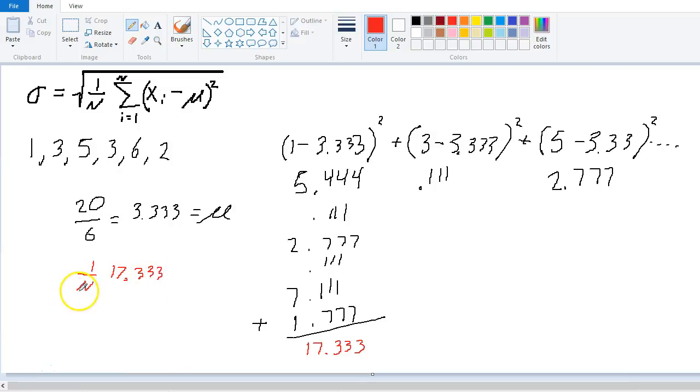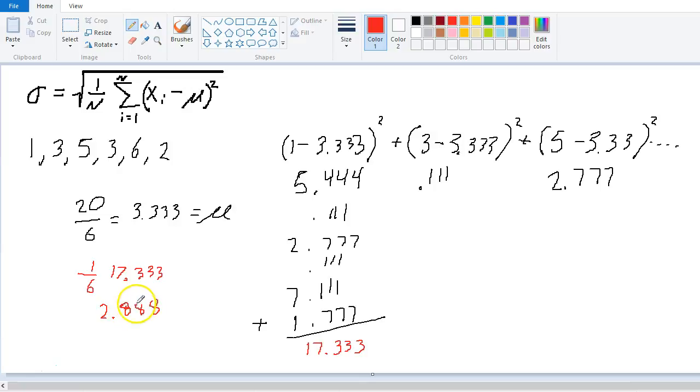What's n? N is how many numbers are in our sample. We have 6 numbers in our sample, so that's 17.333 divided by 6, which gives us 2.888.